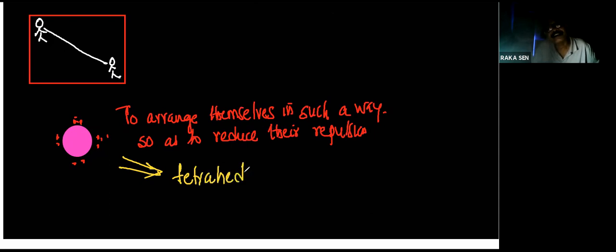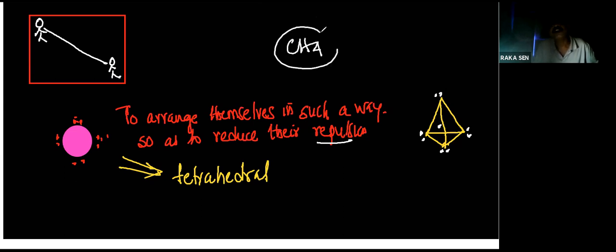This can be shown mathematically: when electron pairs across a central atom are arranged at the corners of a tetrahedron, their repulsion is minimum. And that's why the CH4 shape is tetrahedral.